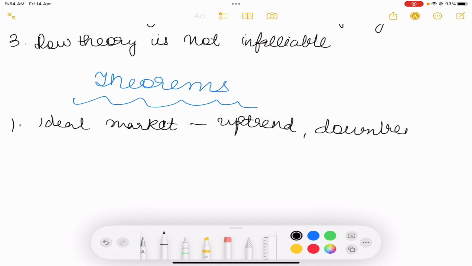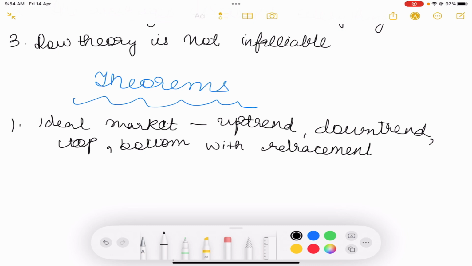downtrend, top, bottom, with retracements and consolidation. What do you understand by this?